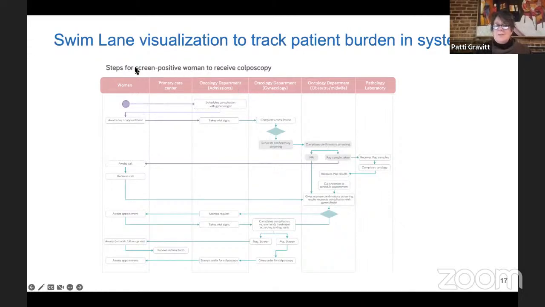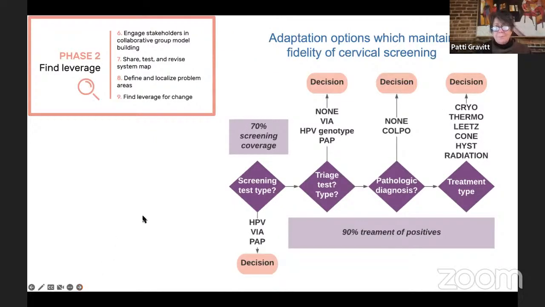This would be an example of a woman who screened positive and what she had to go through just to get an appointment for colposcopy. That was very enlightening: once you got to the hospital, the women really had a difficult time, often with repeat, redundant testing.